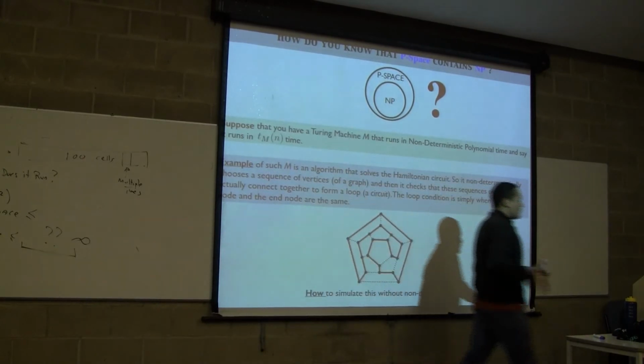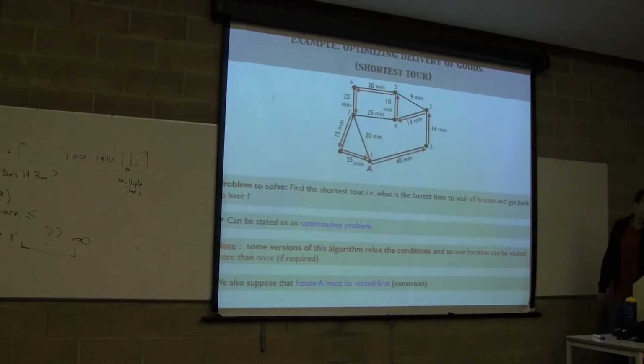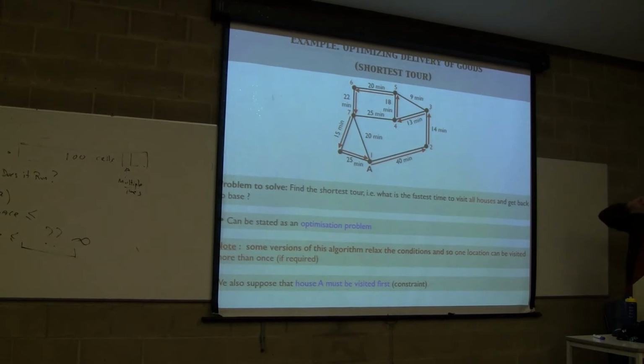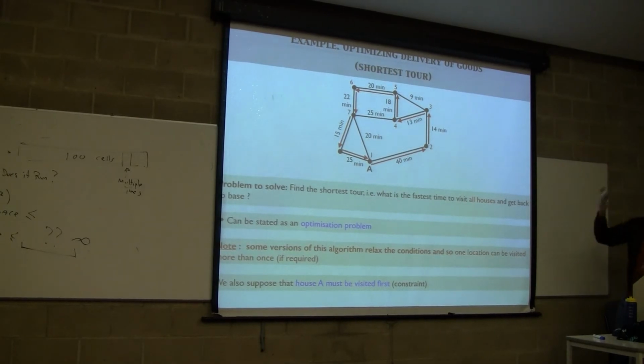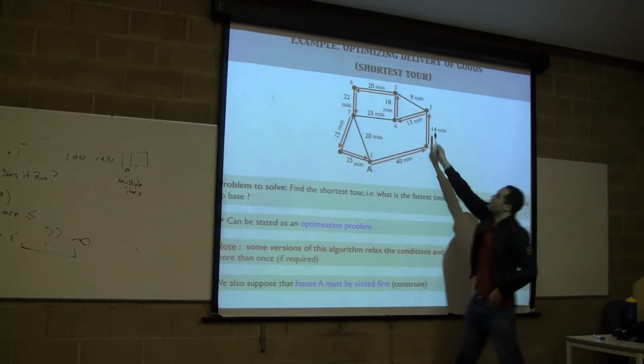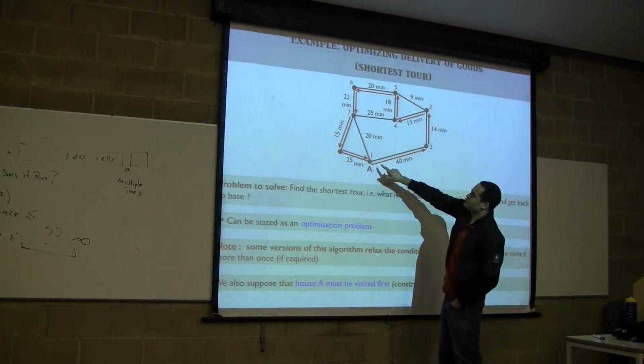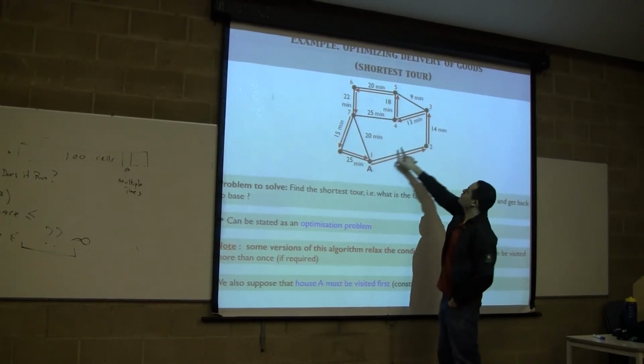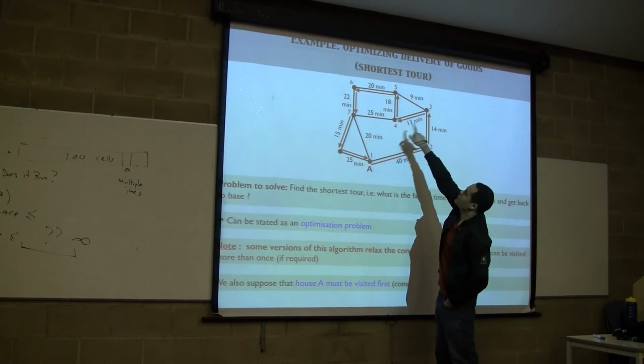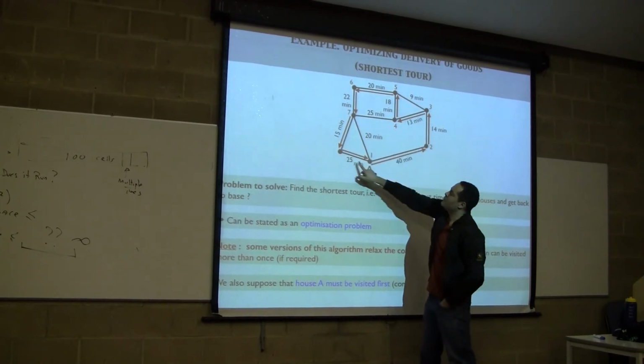An example of the use of this Hamiltonian problem is, imagine you have a person who wants to deliver goods in a local area. Say, the milkman that wants to deliver milk to several houses, and the idea is to find the shortest path that goes through all these houses by visiting them once and returning back to base.